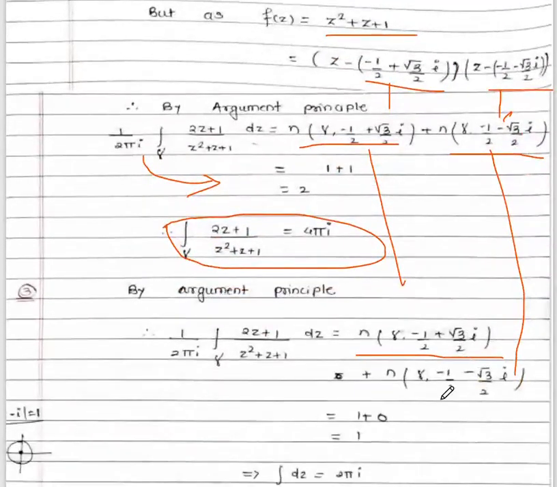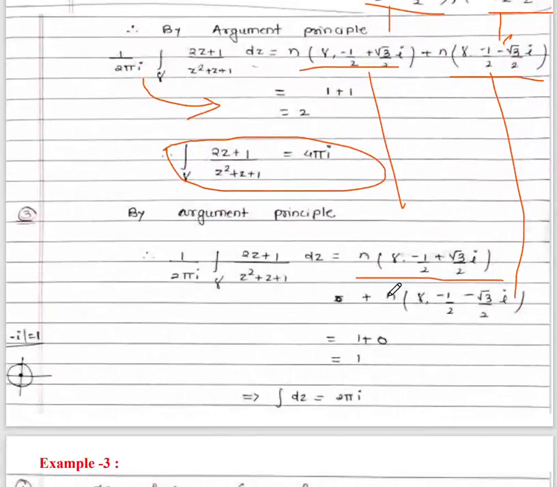According to the index of the closed curve, the index at this point will be 1, and the index at this point will be 0. Transferring this 2 pi i to the right hand side, the integral value of this term is 2 pi i.